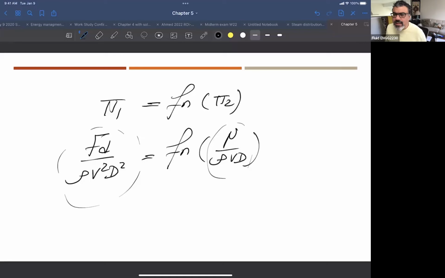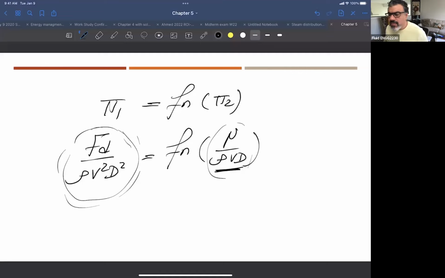But we're going to study the effect of this whole group on the coefficient of, we call it here, the coefficient of drag. The coefficient of drag here comes from the drag force divided by rho V squared D squared. When you do this testing in the lab, you will end up with some relations, but sometimes this relation could look awkward on the graph, right?